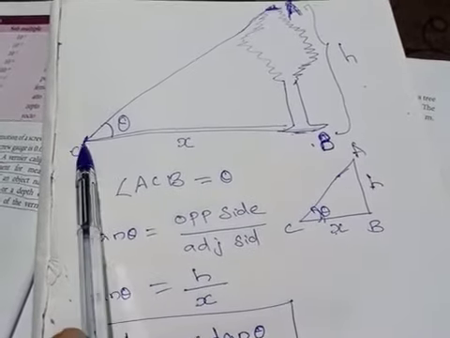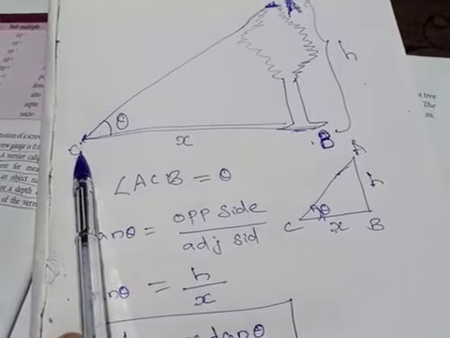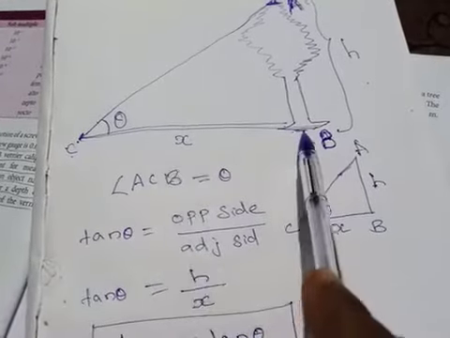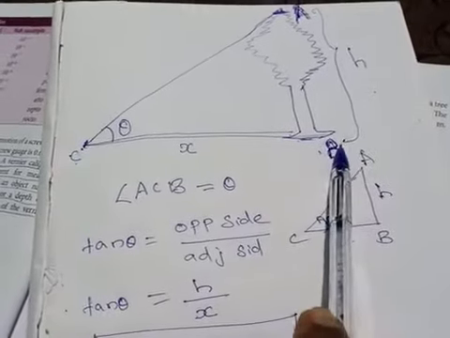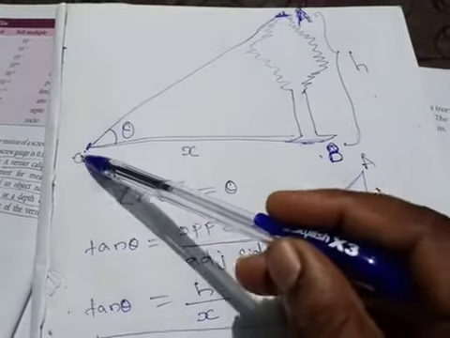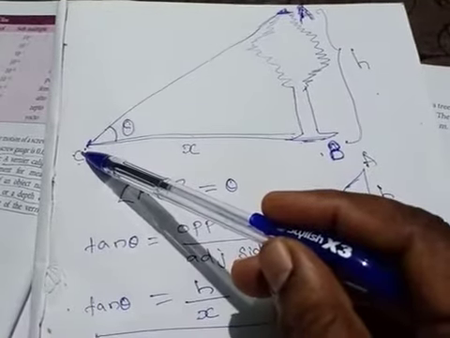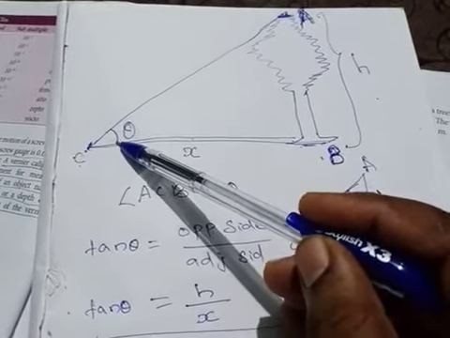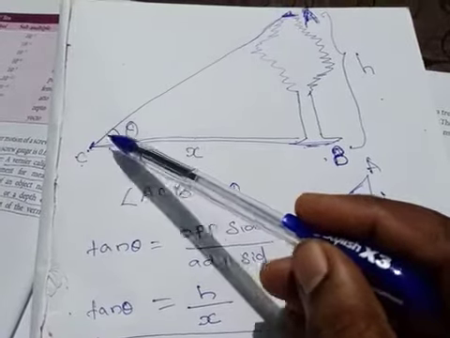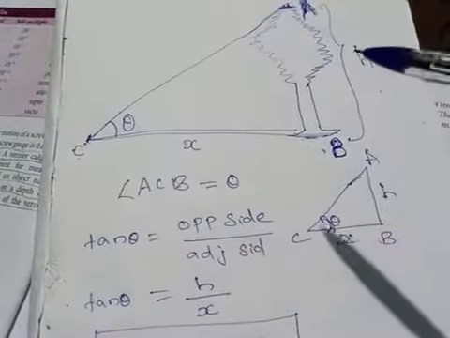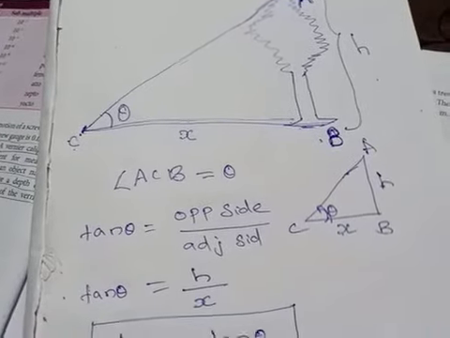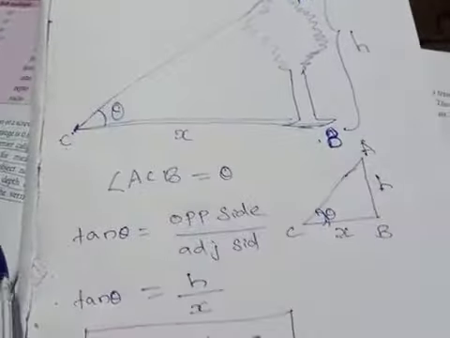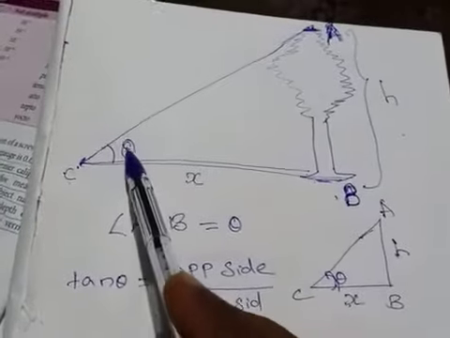He or she is standing in front of the tree at a point C at a distance x from this tree, from this point B. Now you can see that at the point C, a range finder is placed, measuring the angle of elevation. Range finder means you can measure any distance. You are standing in one place and focusing on a point, and you can measure that by using the range finder instrument, and theta.